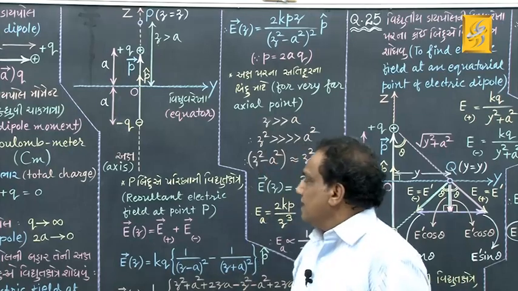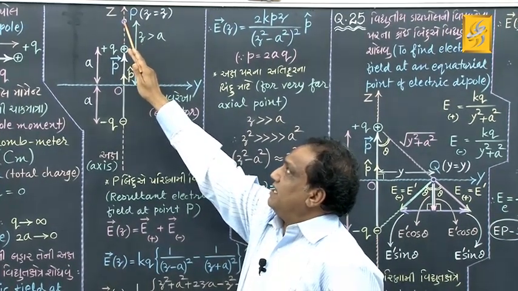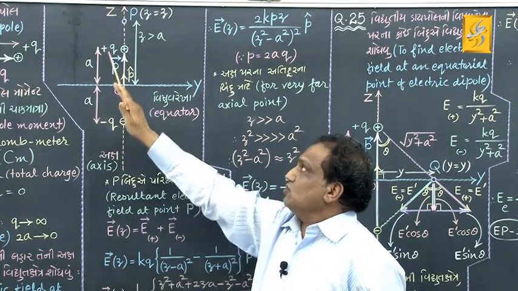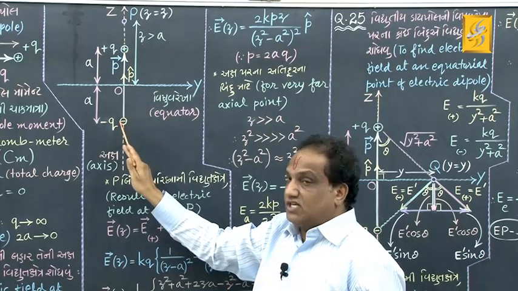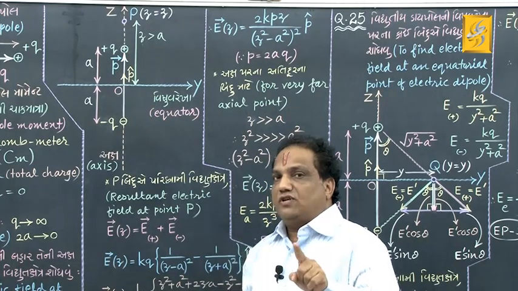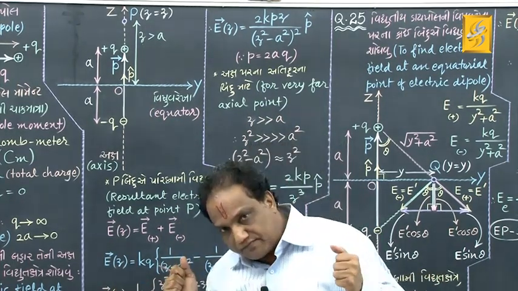Okay, fine. Now, you want the resultant electric field of the entire dipole at this very point. For that, what should you do? You should find the independent electric fields produced by these two point charges at this very point, and then go for vector addition. Then you get the resultant electric field.